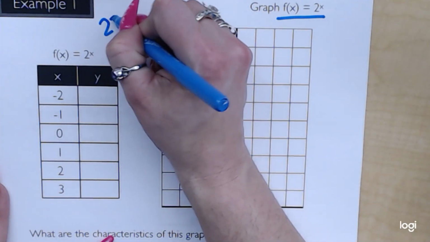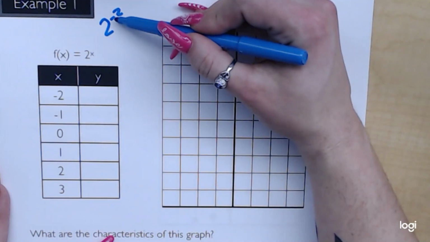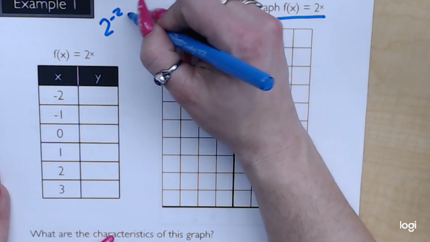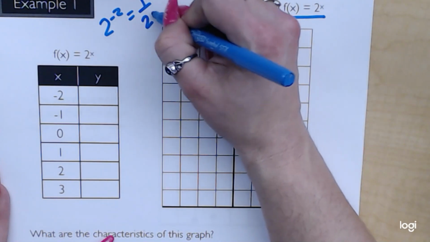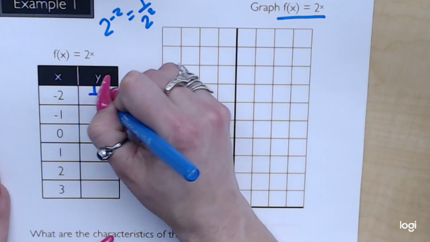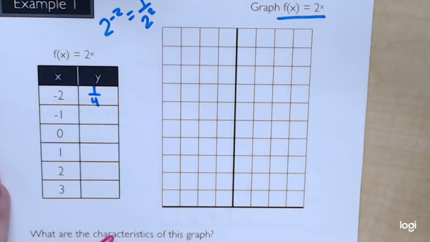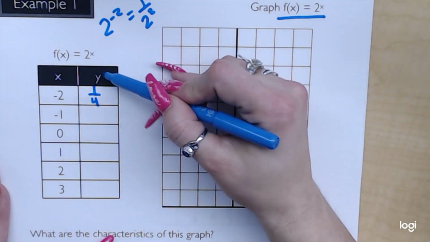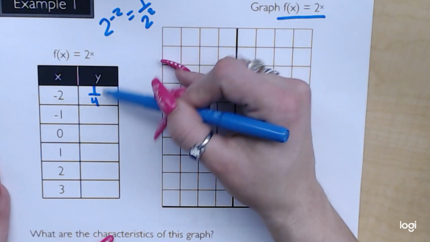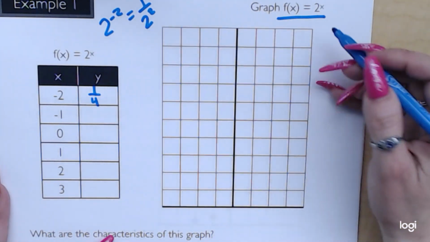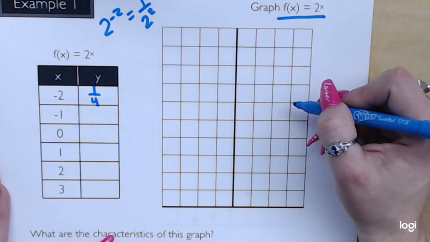Remember that a negative exponent tells us that we need to write it as the reciprocal. So this becomes 1 over 2 squared, or 1 over 4 when we evaluate that. And we need to actually evaluate it because we need the actual input or output for the graph for our x and y values.